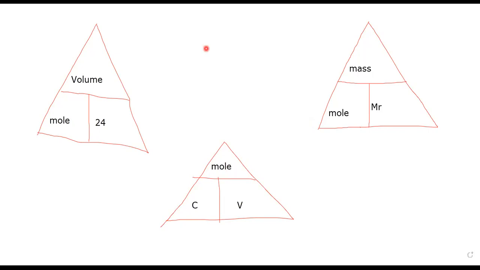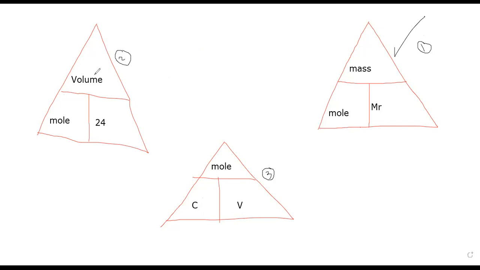We use triangle number 1 if there is a mass in the question, if there are grams in the question. If there is a volume in the question, you have to use the second triangle. Once you see concentration in the question, you have to use the third triangle.